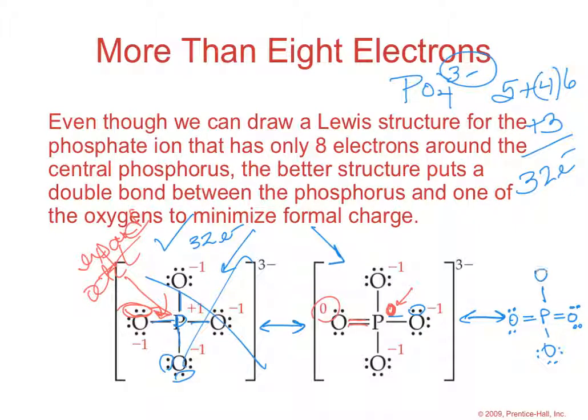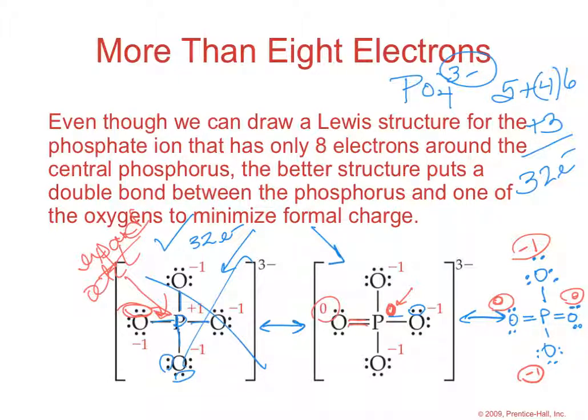All right, so I'm going to calculate formal charges for all of these atoms to see if it was worthwhile expanding phosphorus's octet a second time. So this top oxygen we haven't touched, it's still -1, as is the bottom one. And each of the oxygens have a formal charge of 0 now.